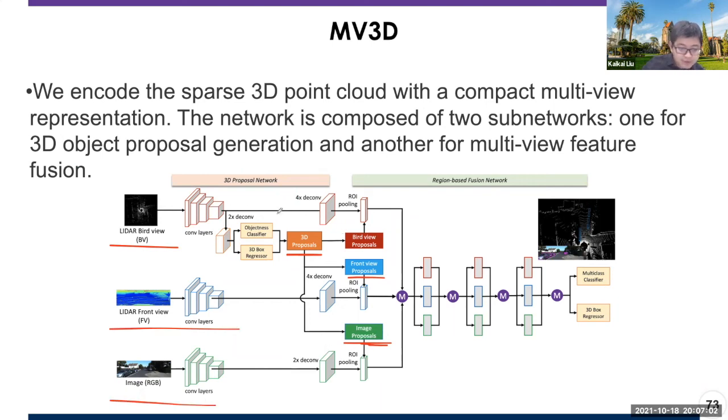Then after this kind of deconvolution and ROI pooling, they integrate the features together in the fusion process. Finally, a multi-class classifier and 3D bounding box regressor get the 3D bounding box. It's like mapping the LiDAR to multiple image views and using the images to do the fusion process. This is MV3D.